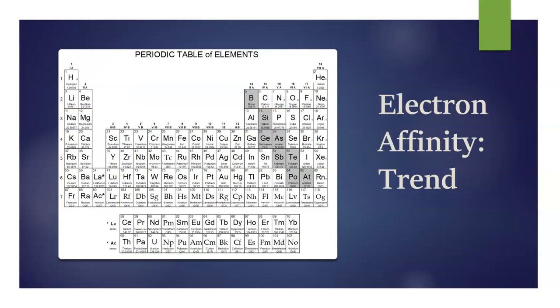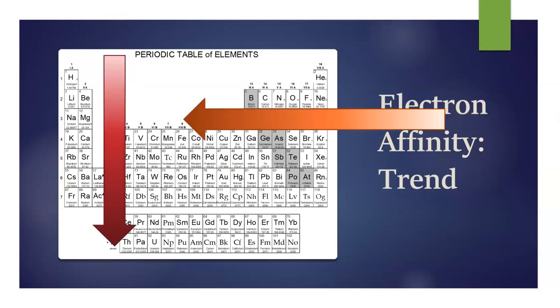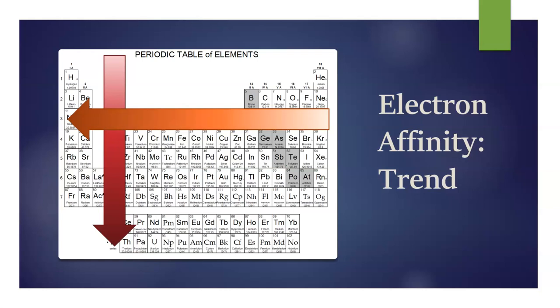The electron affinity increases moving down a group and to the left along the periods. Fluorine has a very large negative EA, which is low, and it forms anions easily. Francium, on the other hand, resists.